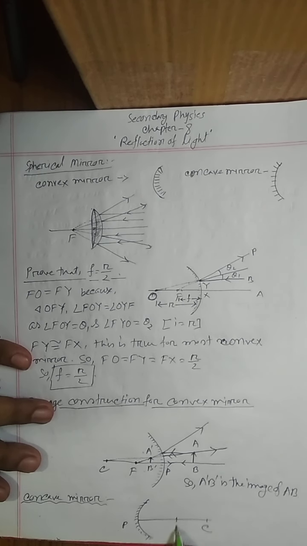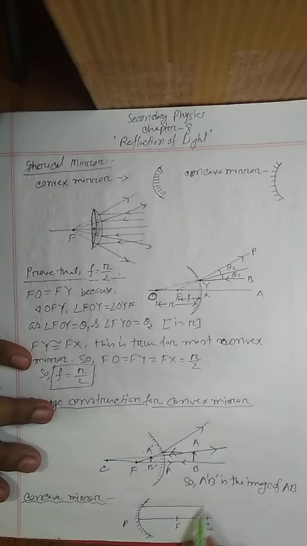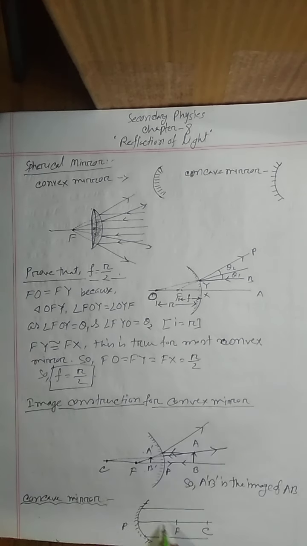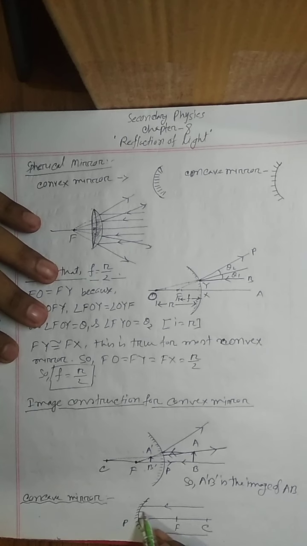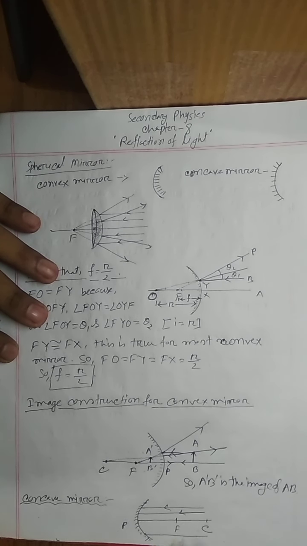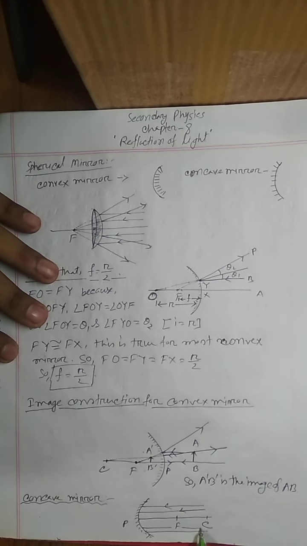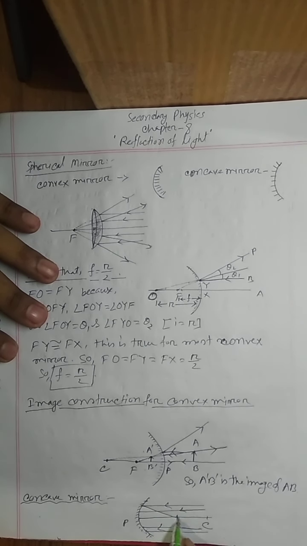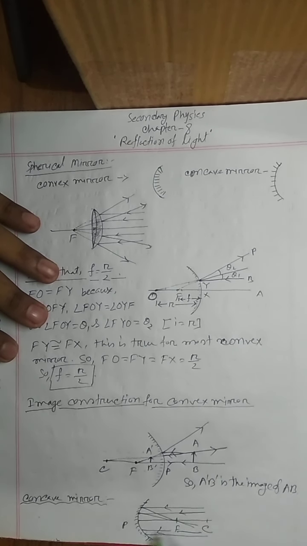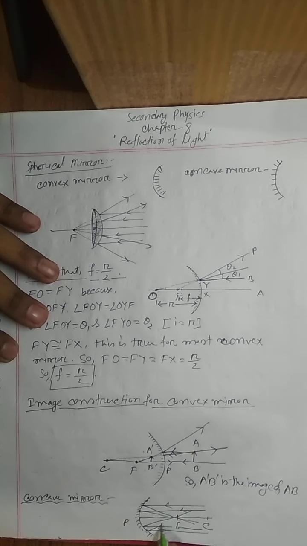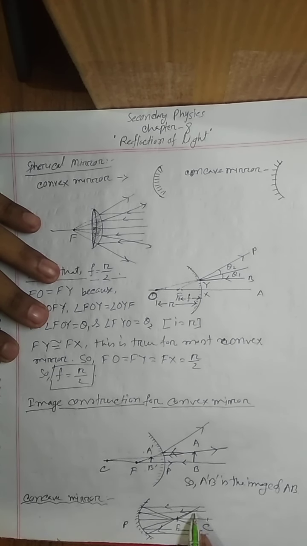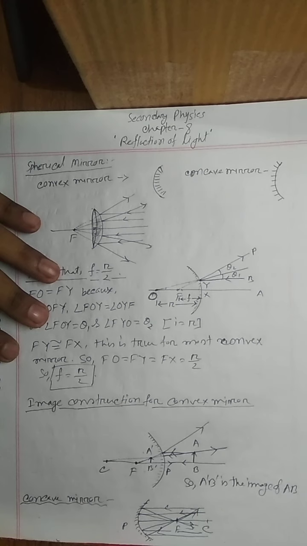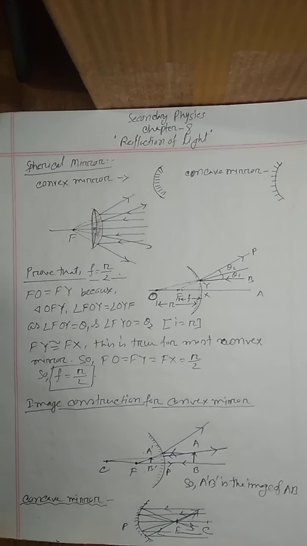Half of it is F. So rays of light parallel to each other, after reflection, meet at the principal focus. This creates converging rays of light.